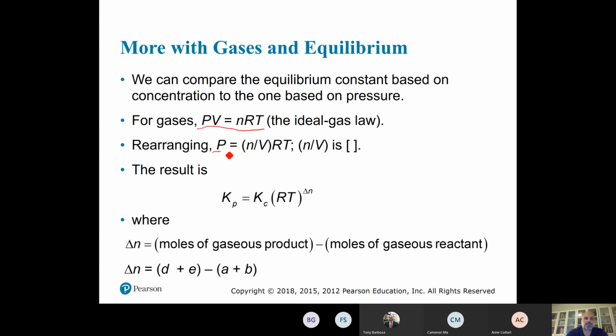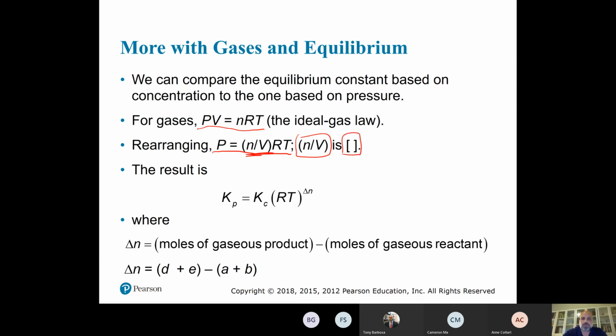If we rearrange PV equals nRT to solve for pressure alone, we get n over V times RT is equal to the pressure, and we know that n over V is just our concentration.